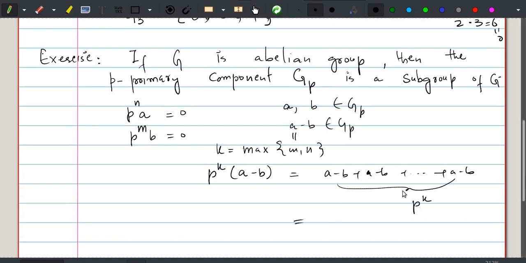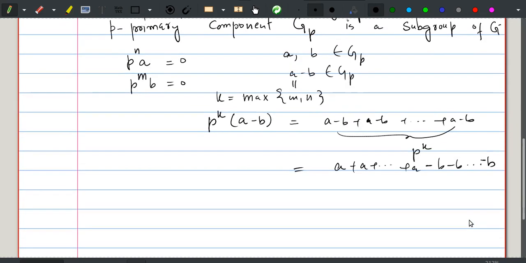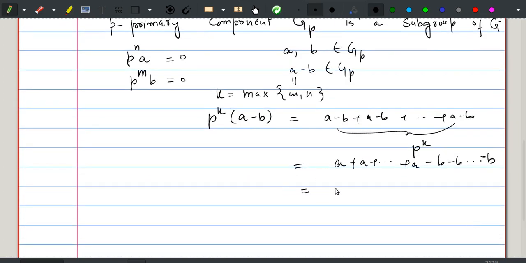Now G being abelian, we can write this as a plus so on plus a, minus b minus so on minus b. Now this is p^k times, this is p^k times, so this is p^k times a minus p^k times b.